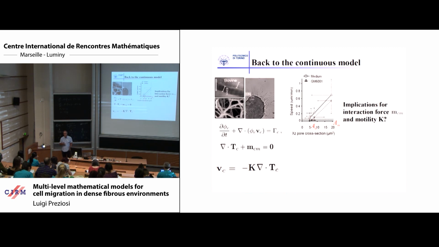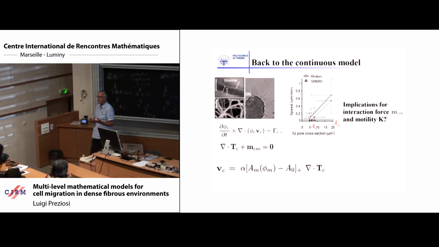And this has some implication on the forces and on the permeability, on the interaction force and on the motility K. If the area of the extracellular matrix is below a certain threshold value, A0, then there is no motion.